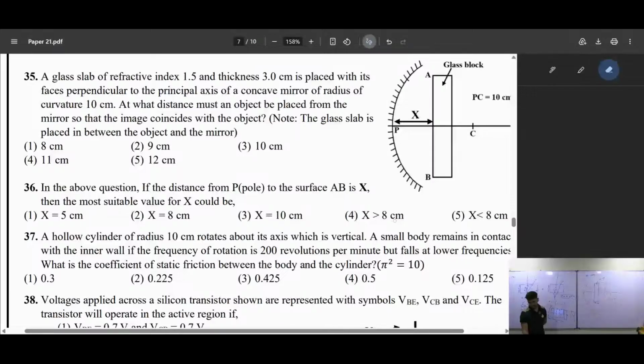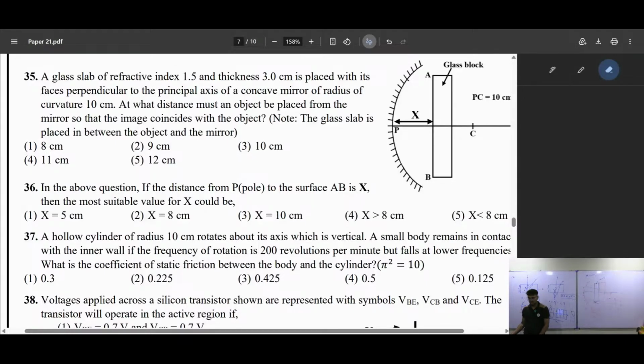X cannot be 5 if greater than 8, X is less than... so the answer is the 5th, right? As well, X can be 8, so the answer is anywhere between 0 and 8.